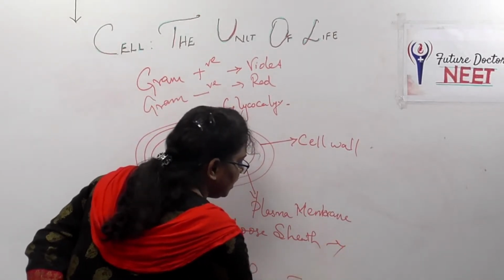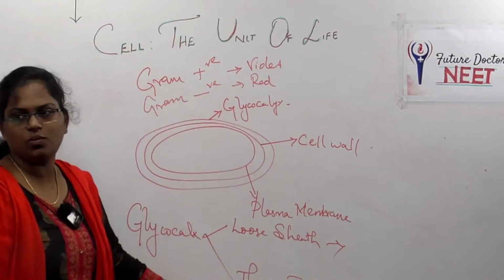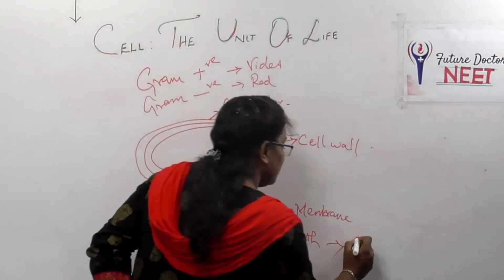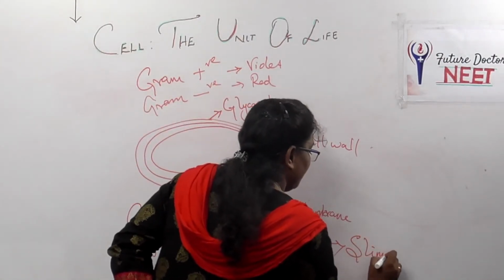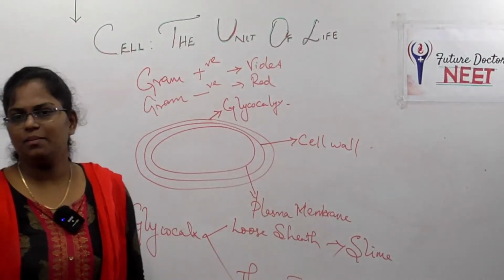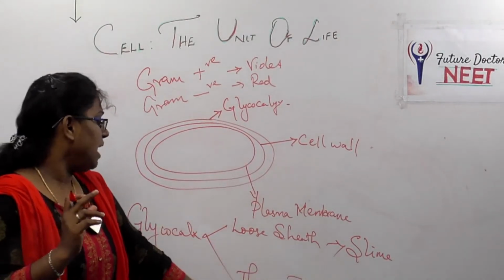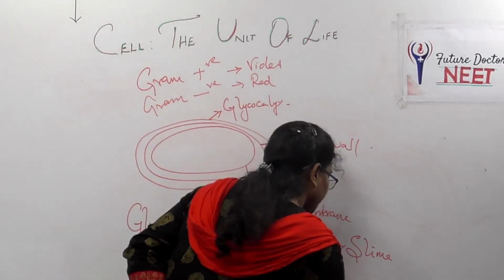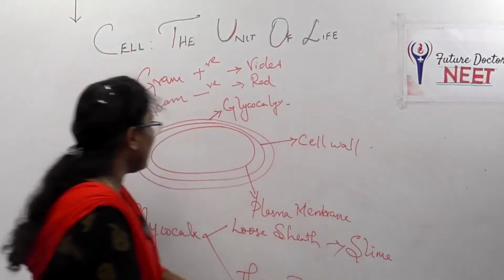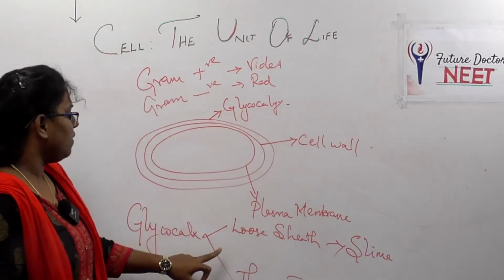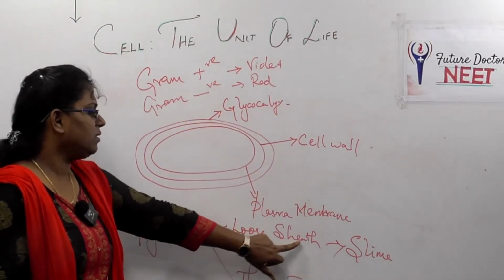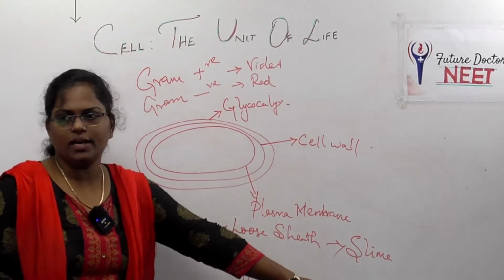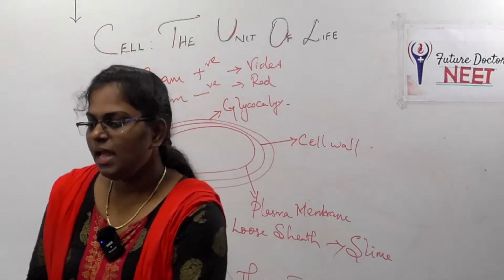So what is the loose sheath called? What is the thick and tough layer called? The loose sheath is the slime layer. You have seen slime, right? That is a slime layer. And the thick and tough one is called a capsule. So one is a loose sheath, the slime layer, and the second is thick and tough, called the capsule layer.